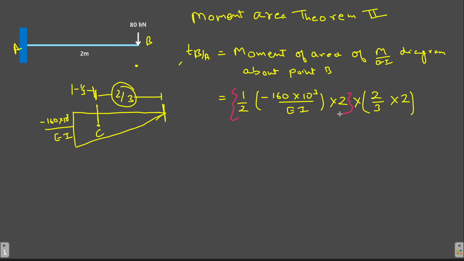This thing you should understand. If you solve this, you will get the required deflection, and you will get it in meters because everything is in meters. Okay, so let me solve it.